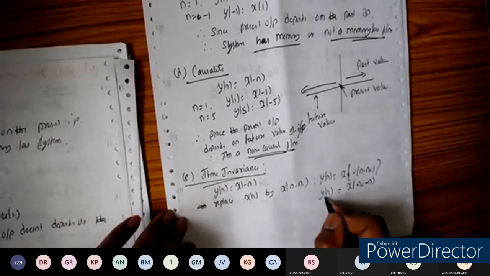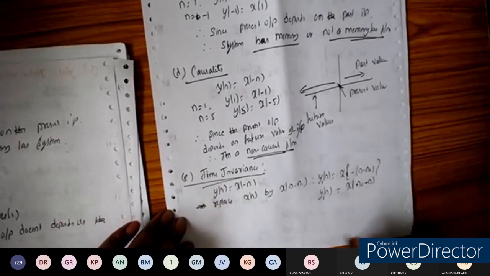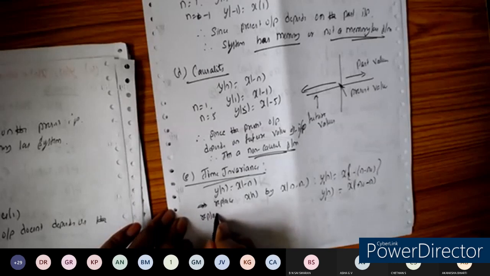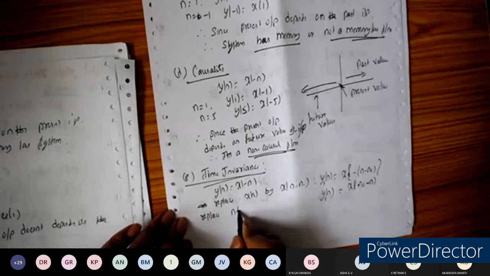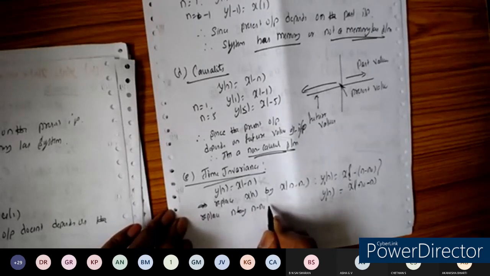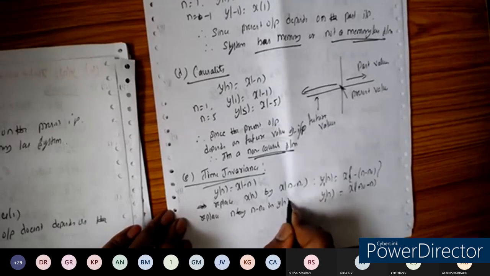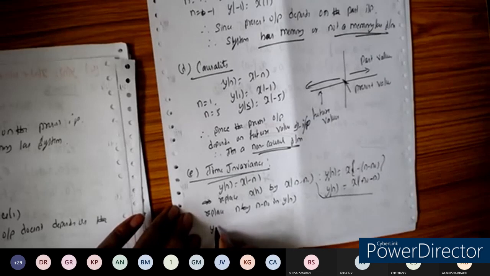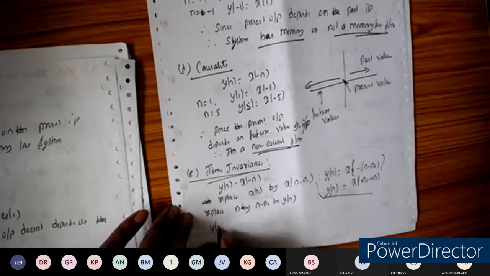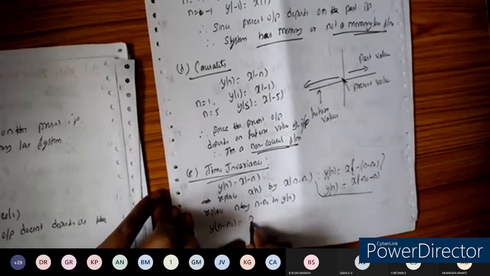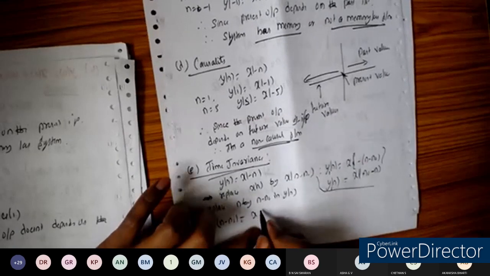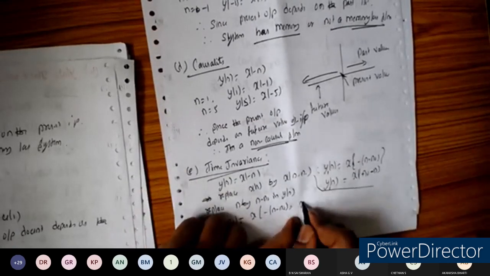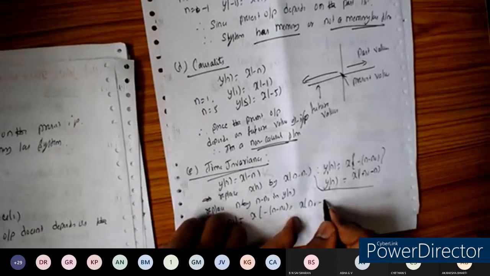Let us call this y1 of n. Similarly, we replace n by n minus n naught in y of n. So when I replace n by n minus n naught, this is equal to x of n naught minus n.